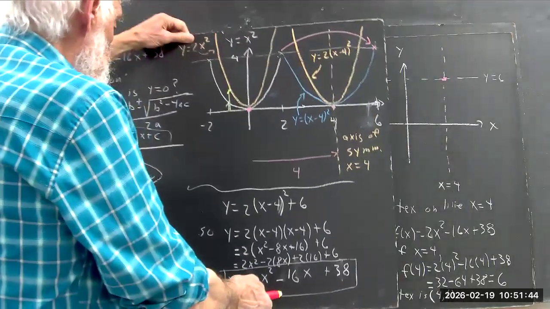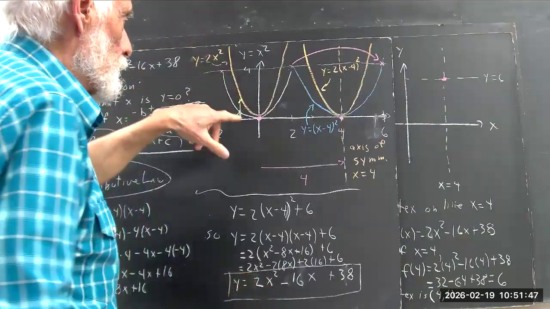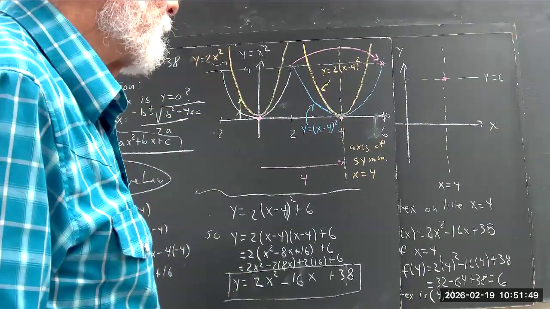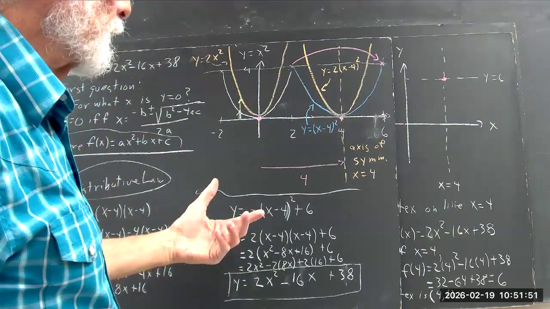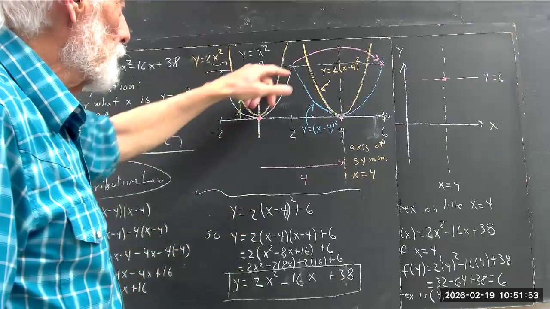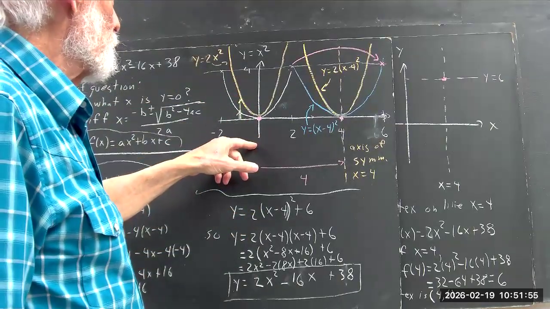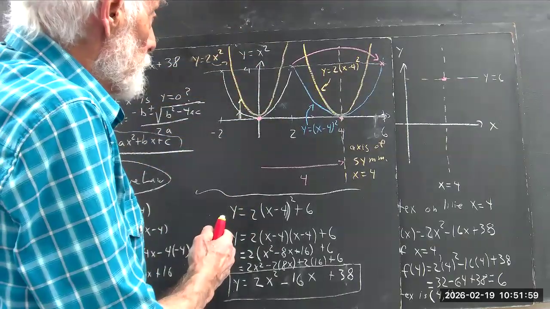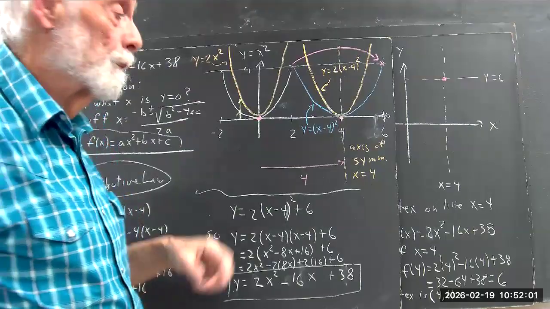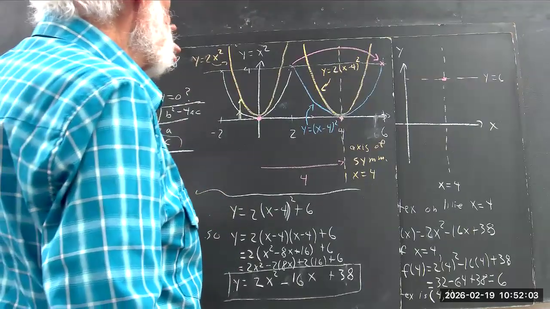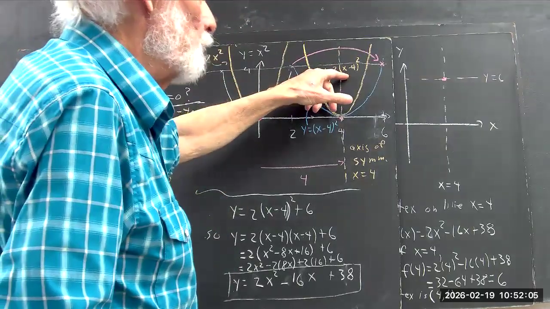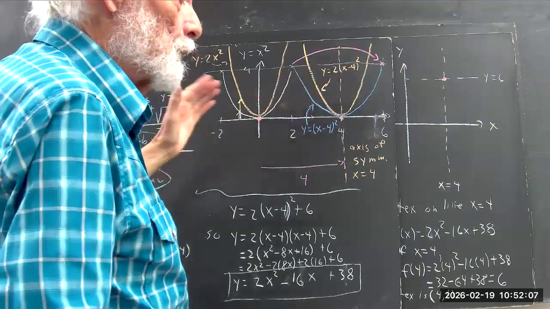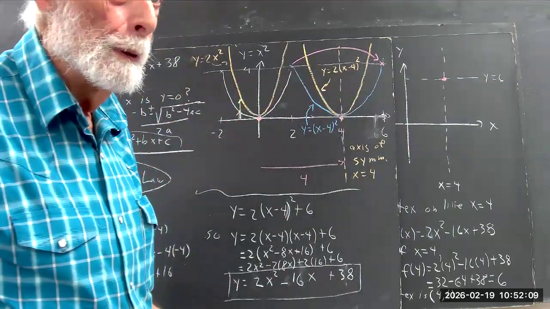Again, get our original transformations. Our transformations tell us, take the y equals x squared graph, make the y equals 2x squared graph by vertically stretching it by a factor of 2. Make the y equals 2 times the quantity x minus 4 squared graph by shifting that graph 4 units to the right.